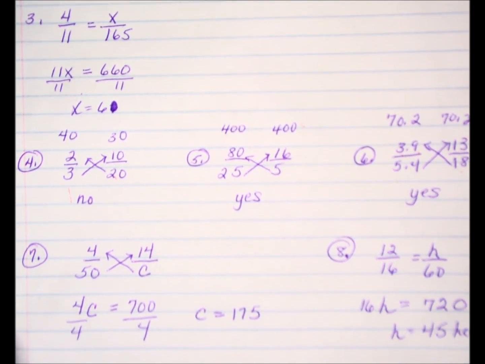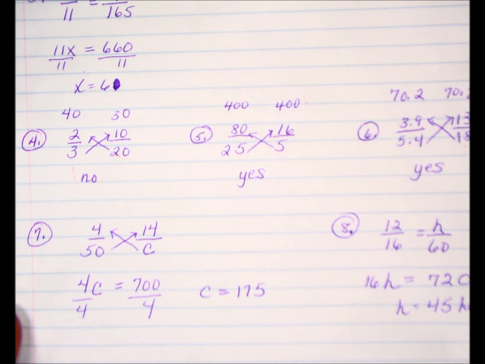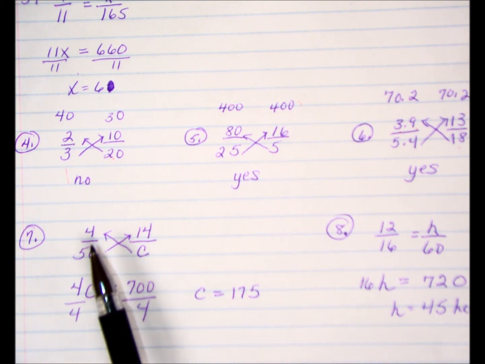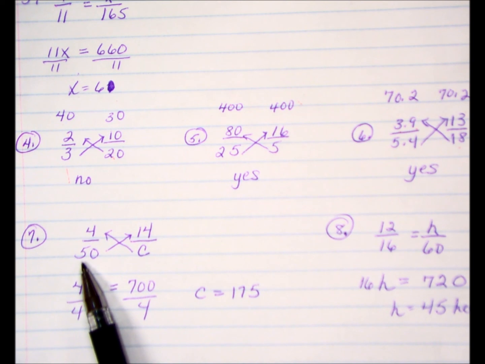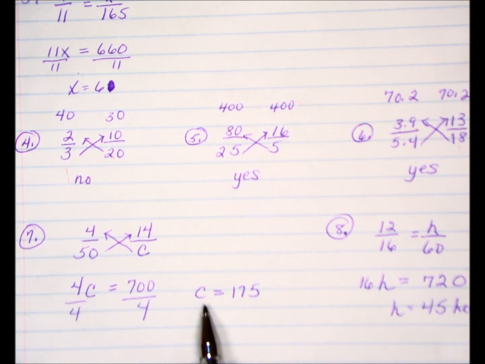All right. Our last two problems, 7 and 8, says write a proportion for each situation and then solve it. And that first one was the one we used in our notes. And so we did 4 ounces, 50 calories, 14 ounces, how many calories? Ended up with the number of calories equaling 175.